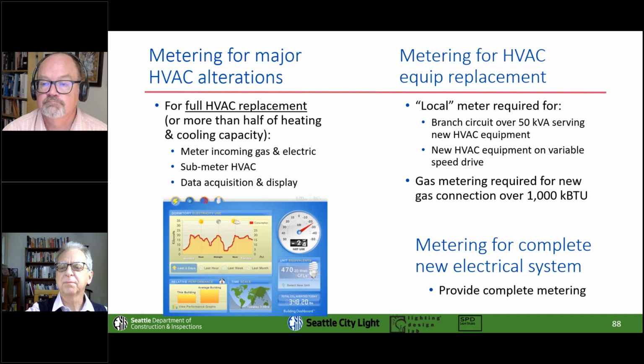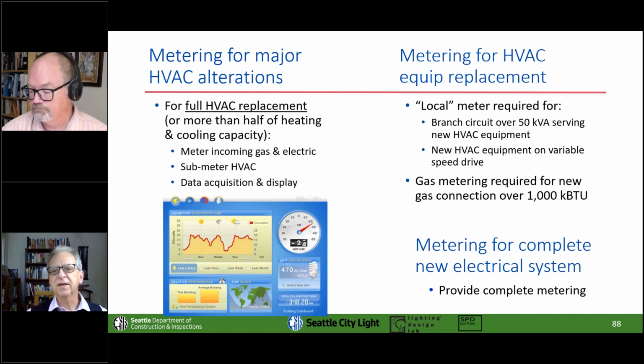That last one on the bottom is just if you're going to rip out the whole electrical system, which happens in those big gut and remodel projects, then that would need the whole metering system to go in. I should say it's just come up as a proposal in Seattle that the rule for metering individual pieces of HVAC heating equipment is probably also going to apply to larger pieces of service water heating equipment.